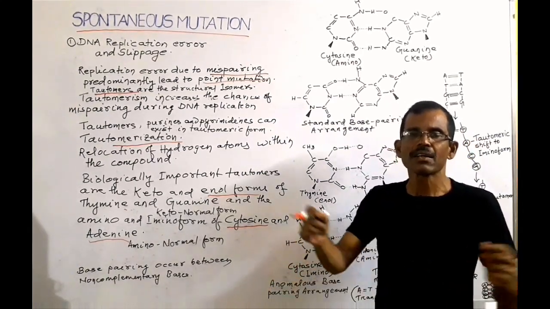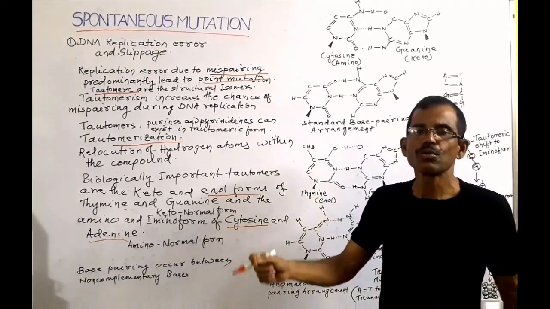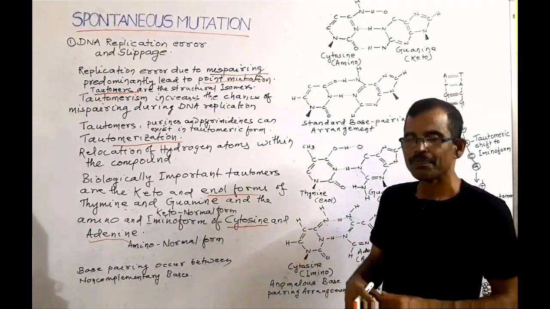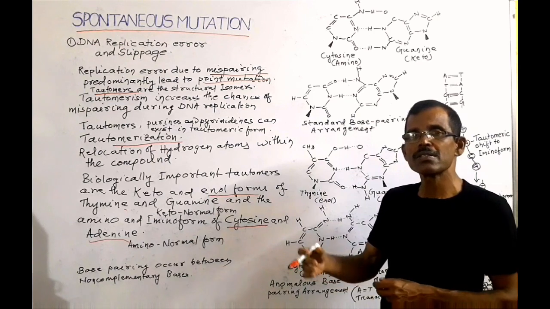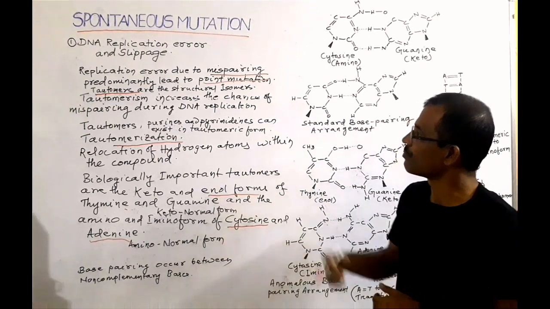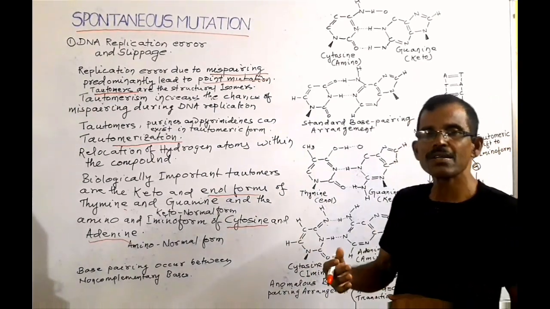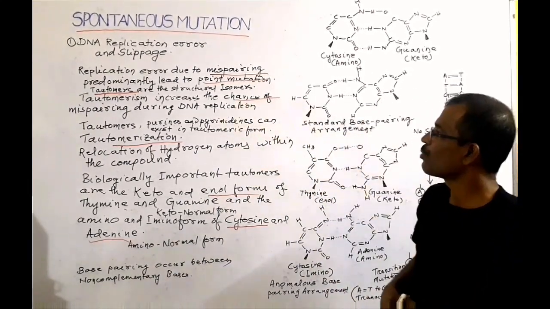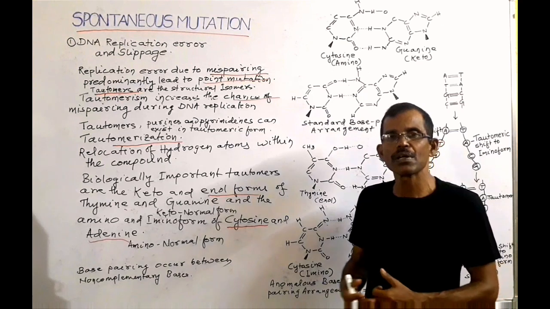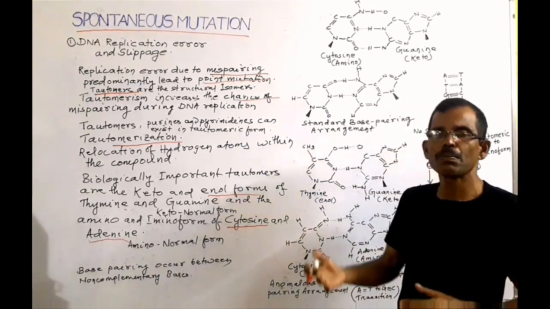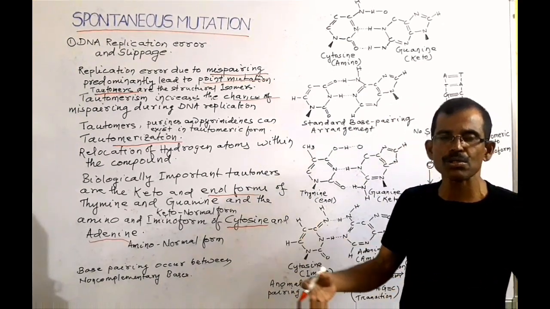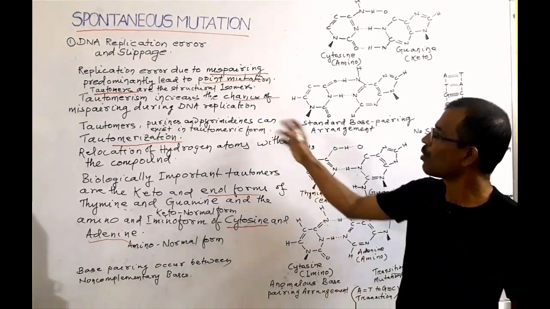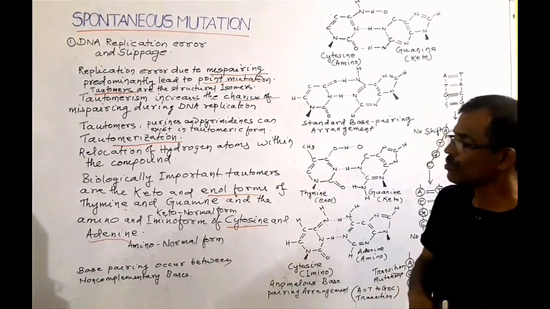Tautomerization is the interconversion between two specific tautomers, and the phenomenon is known as tautomerism. So tautomerism increases the chance of mispairing during the process of DNA replication. Any type of mispairing between nitrogenous bases leads to point mutation.